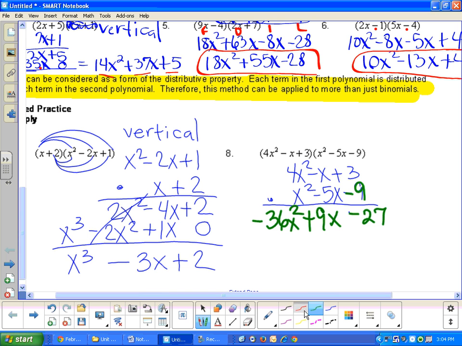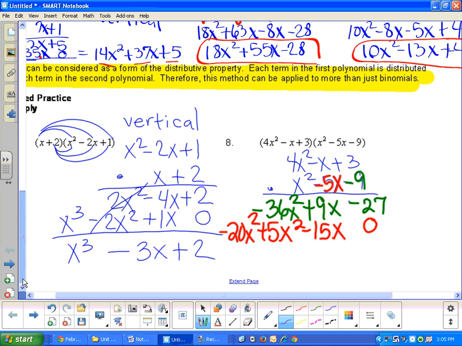Place a 0. And we're going to do negative 5x. For each term, it should come out right. Negative 15x. Positive 5x squared. Negative 5 times 4 is negative 20x squared. And we do the last one.